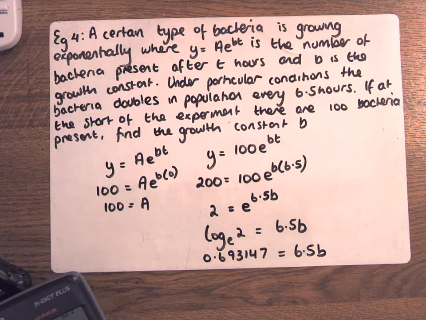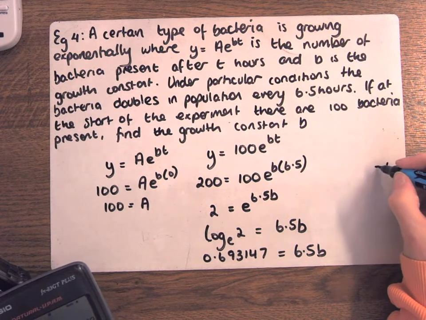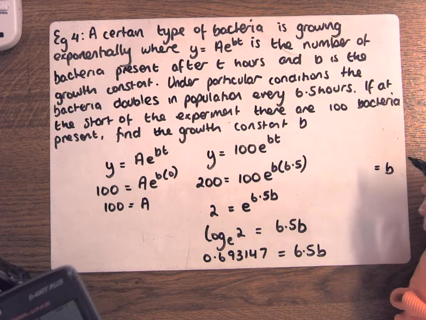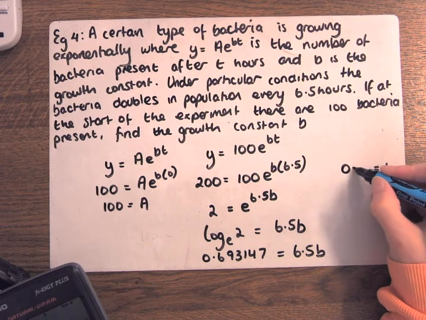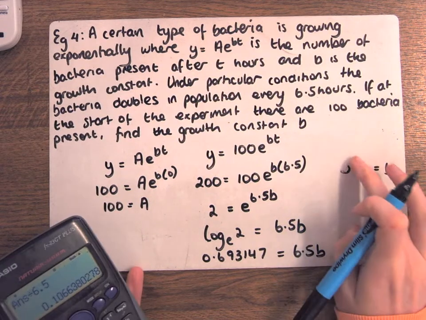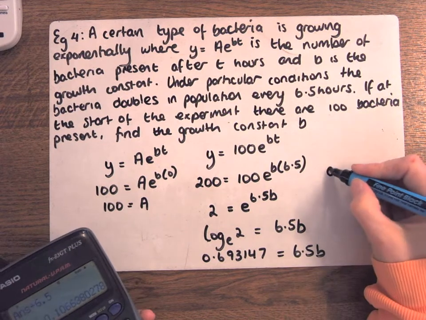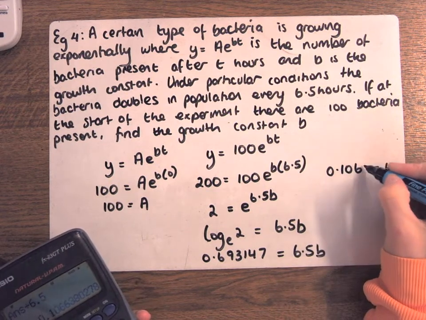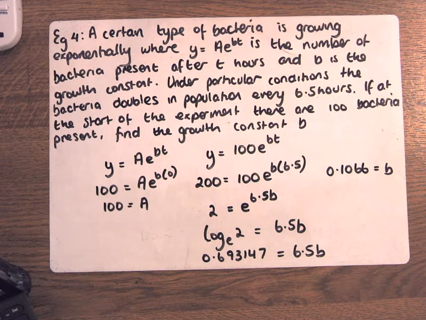And how do I get what B is? Divide by 6.5. Is that okay? There's your growth constant.